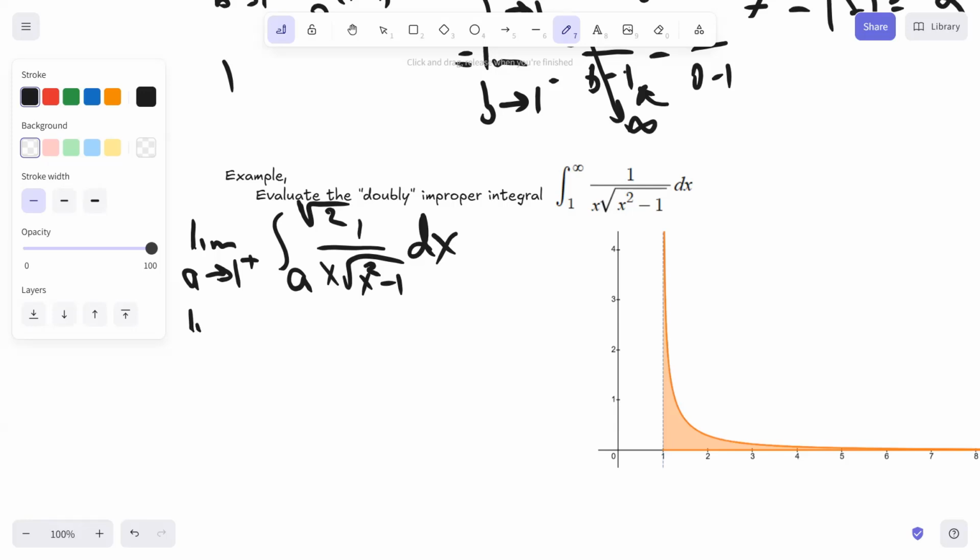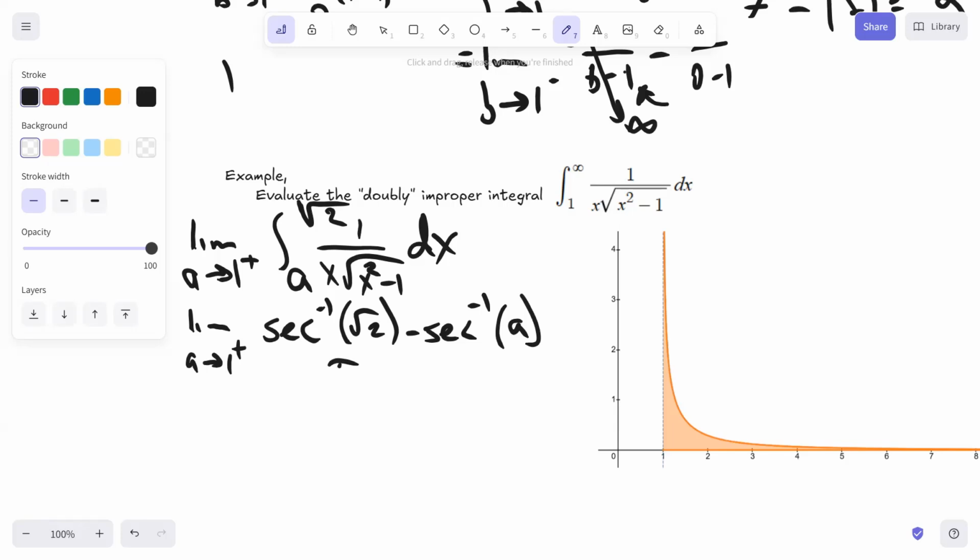And this is the limit as a approaches 1 from the right of secant inverse of root 2 minus secant inverse of a. And secant inverse of root 2 is pi over 4, minus secant inverse of a, which as a approaches 1 from the right is going to approach 0. So that's going to equal pi over 4.